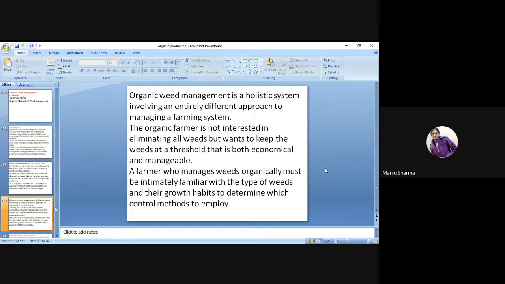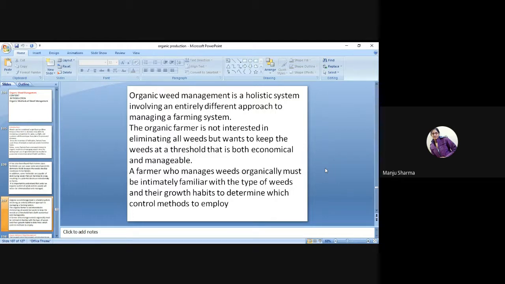So organic weed management is a holistic system involving an entirely different approach to managing a farming system. The organic farmer is not interested in eliminating all weeds but wants to keep the weeds at a threshold that is both economical and manageable.